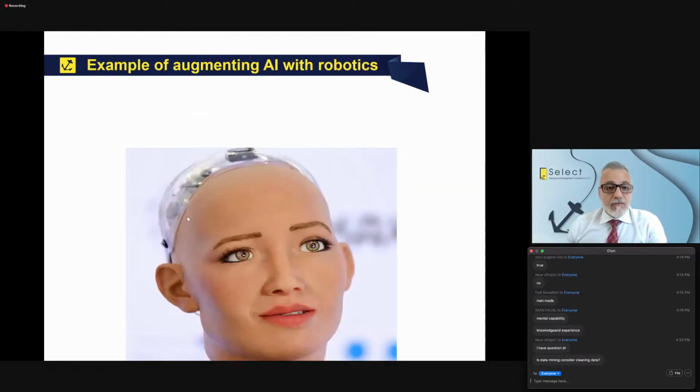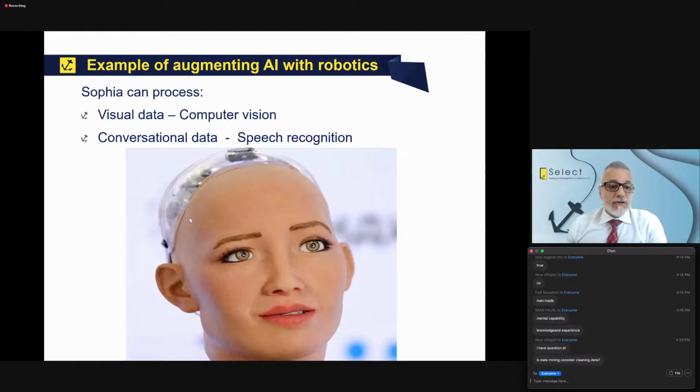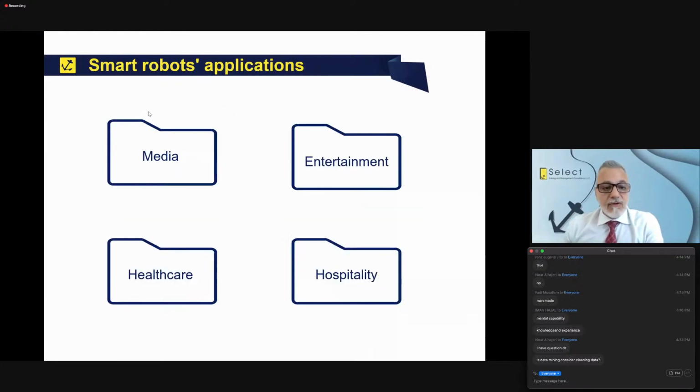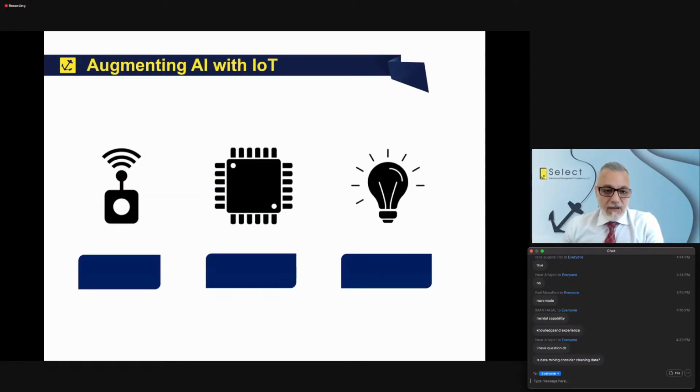So for example, augmenting AI with robots, visual data, computer vision, the robots start to sense, can see, hear, understand the speech, and interact based on these things. Many things applied here. AI is part of the whole process. It can be applied through media, entertainment, healthcare, hospitality, and especially with the supply chain, also on manufacturing.